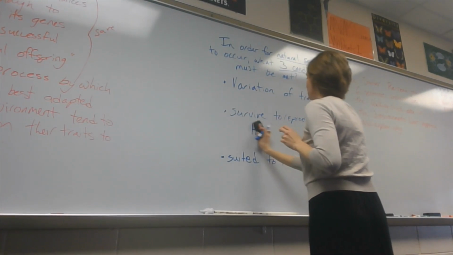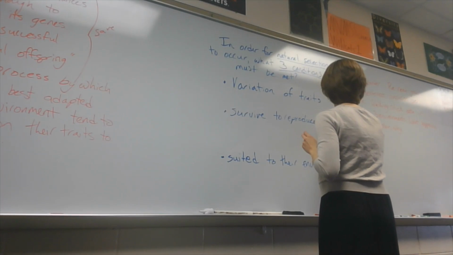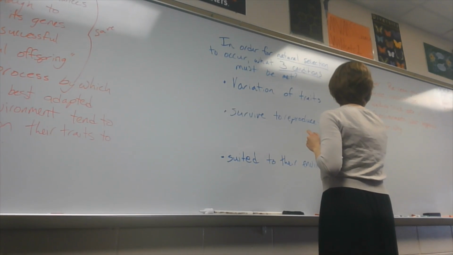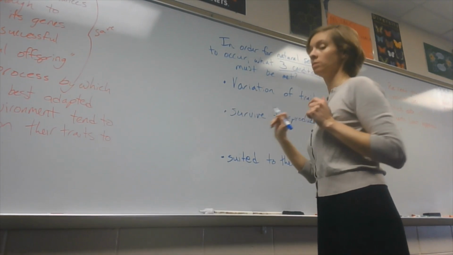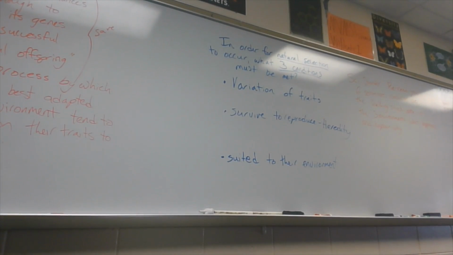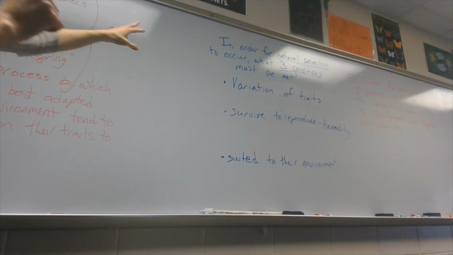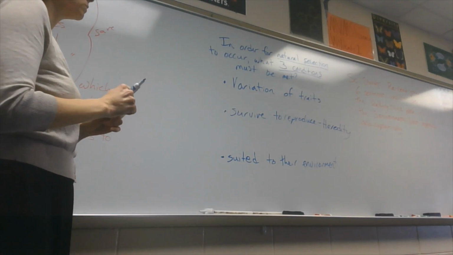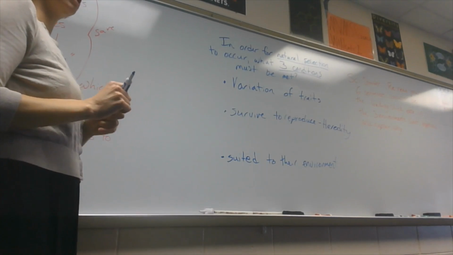That's the definition of heredity. You might want to put survive to reproduce, heredity, which means they pass on the variation of traits. No, you can simply write these 3 things down. These are the 3 conditions.